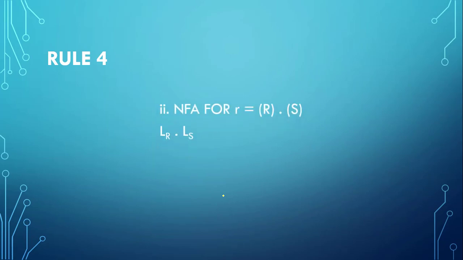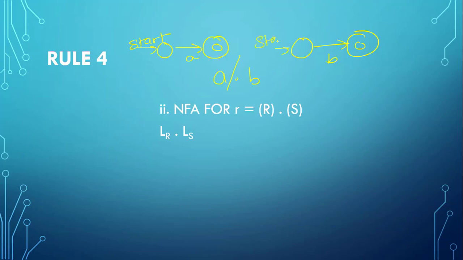Part 2 is about R dot S, that is, a regular expression of the type A dot B. The sub-expressions will be A and B. So the NFA of A again will be a start state and an end state, or final state, over A, and the NFA of B will be a start state and a final state over B, representing N of R and N of S respectively.